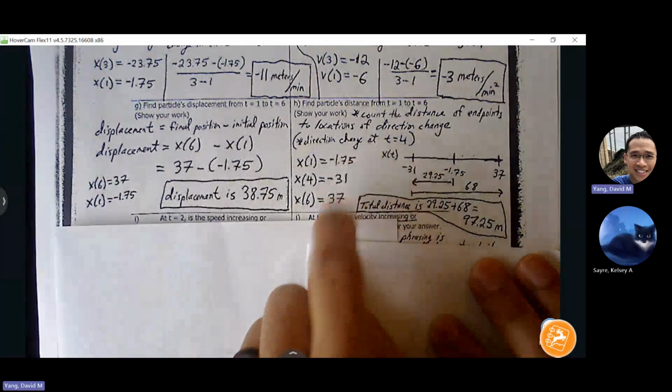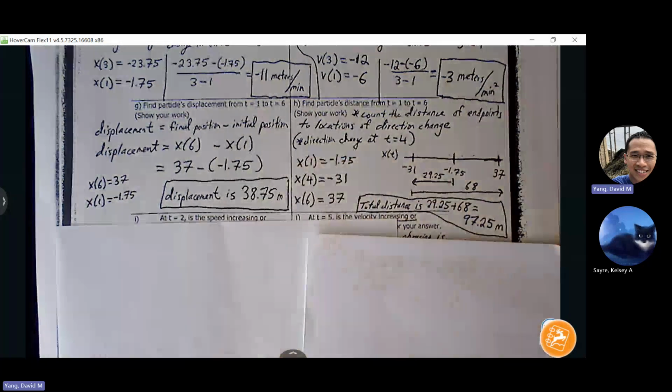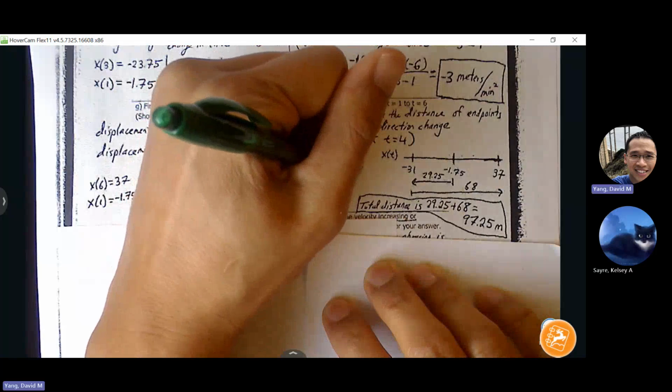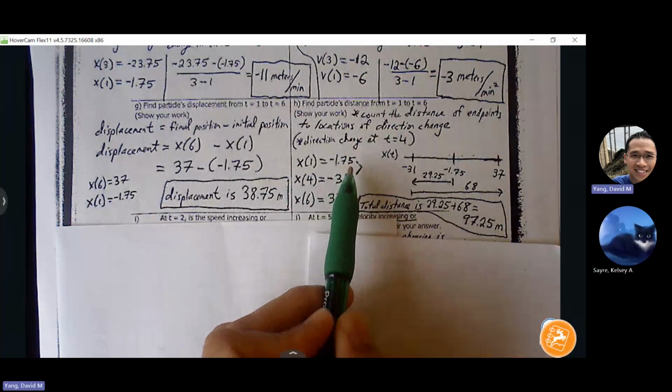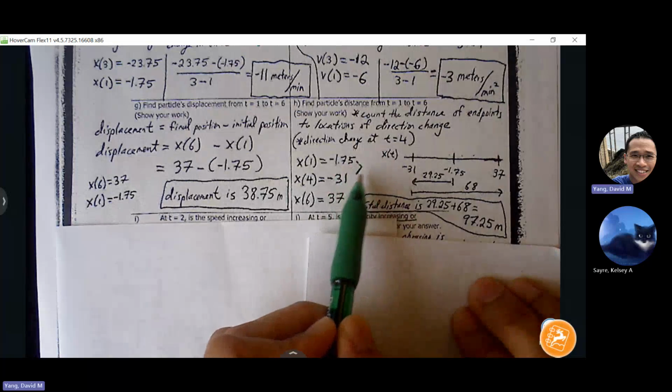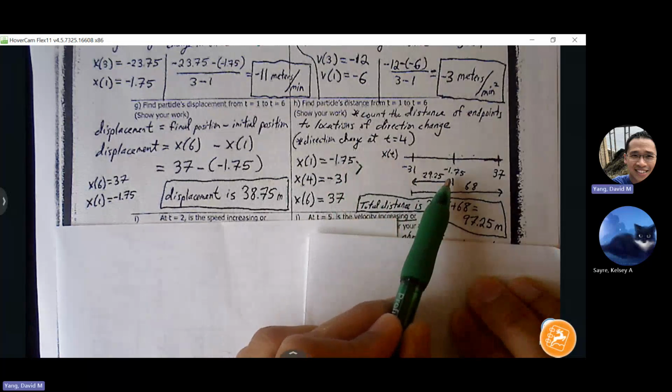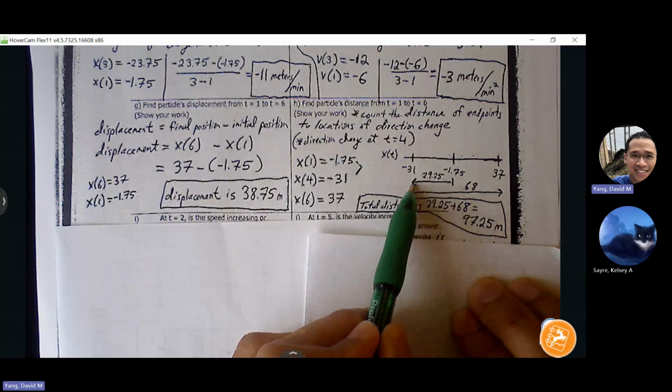So we're not going to add these numbers together. We're going to pretend like we're walking between these locations, and then we're just counting our steps. So between -1.75 and -31, if we subtract that, that will tell us how far we've walked. We get 29.25 from -1.75 to -31.